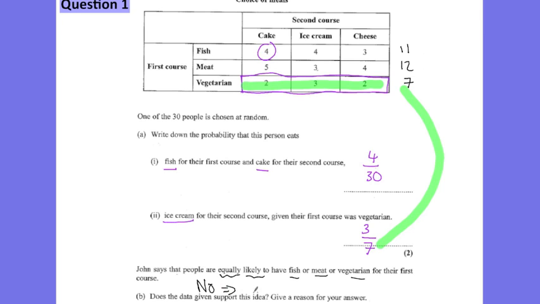So no, because there are different numbers of people having each one of these choices. And especially here, you can see the vegetarian's much lower. So there's not an equally likely chance for them to be having meat, fish, or vegetarian.